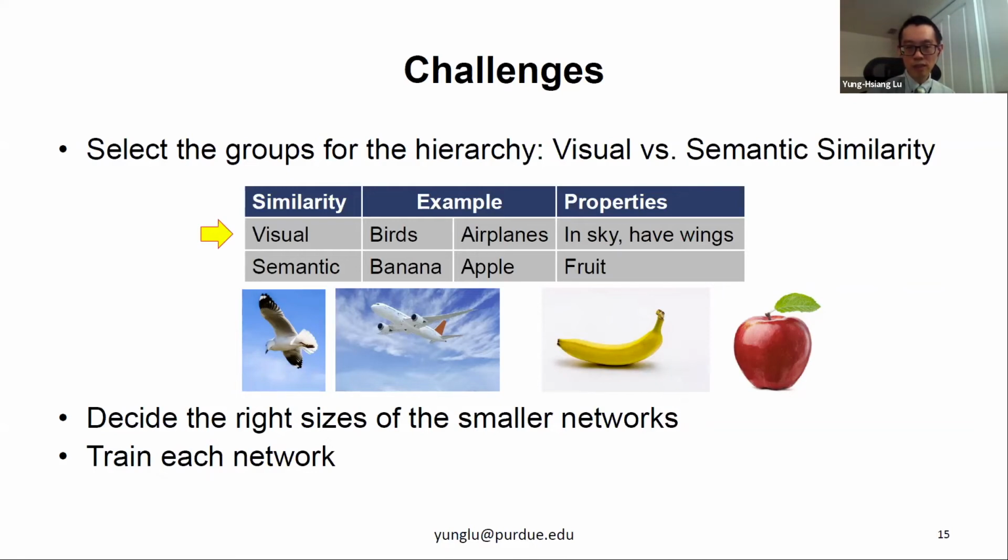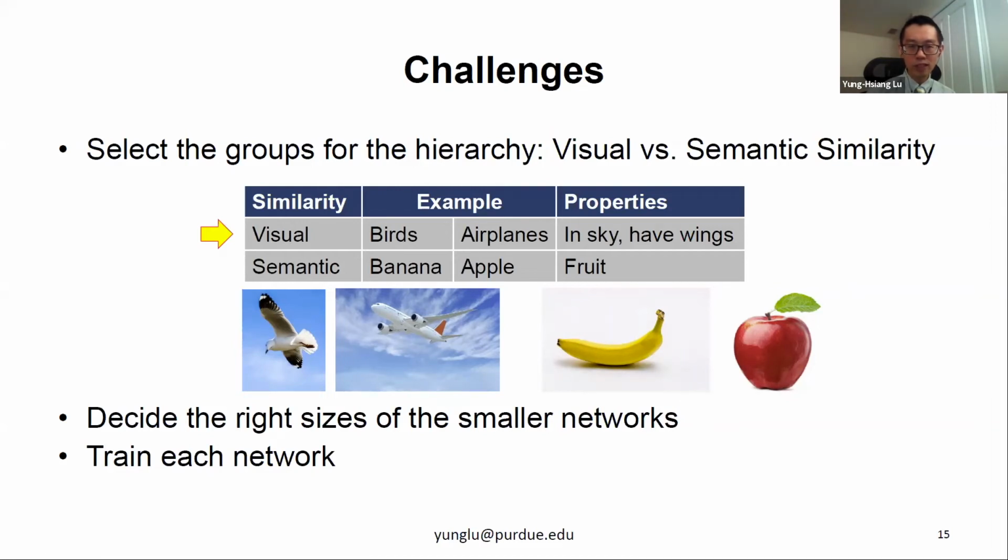For visual similarity, we will put birds and airplanes together because they are in the sky and have wings, even though they are quite different in terms of semantics. Birds are animals and airplanes are machines. In contrast, if we consider semantic similarity, we will say banana and apple belong to the same category because they are fruit. However, they are visually dissimilar. You can see banana is a long shape and the apple is a round shape.